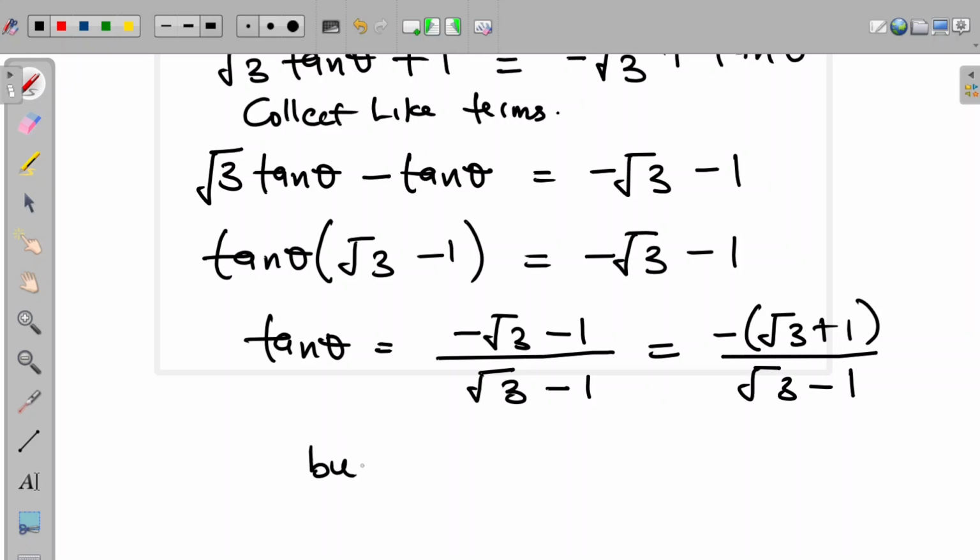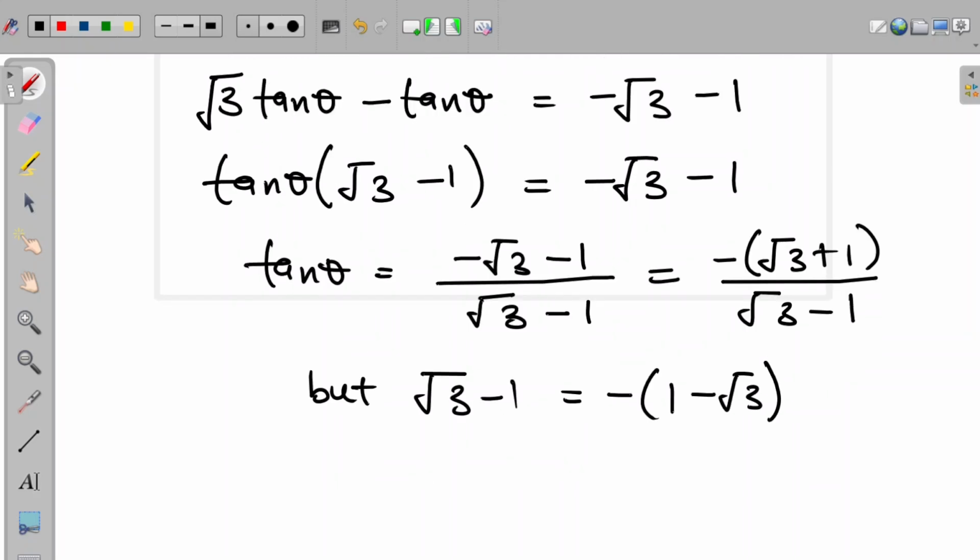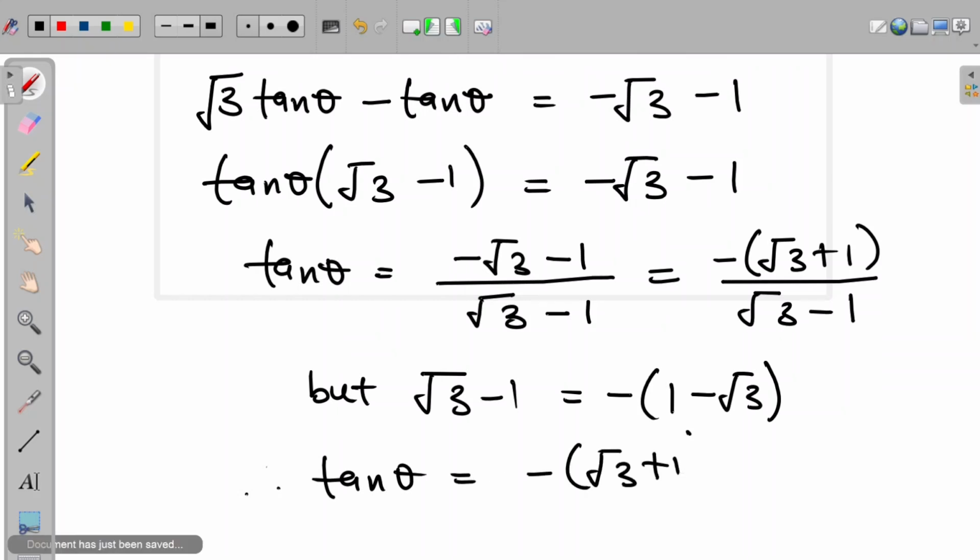But note that root 3 minus 1 can also be expressed as minus, open bracket, 1 minus root 3. So therefore, tan theta is equal to minus (root 3 plus 1) divided by minus (1 minus root 3).